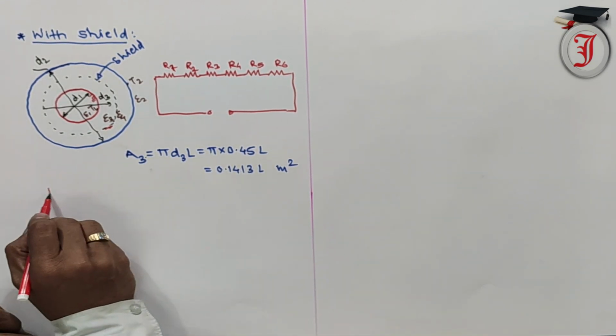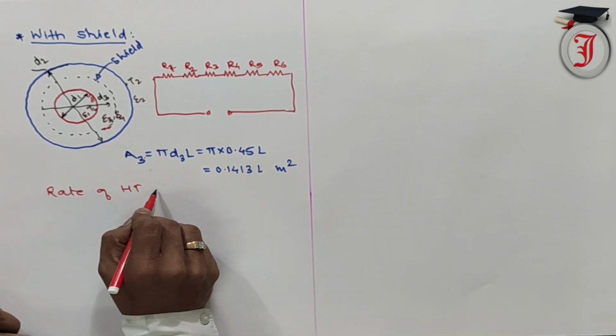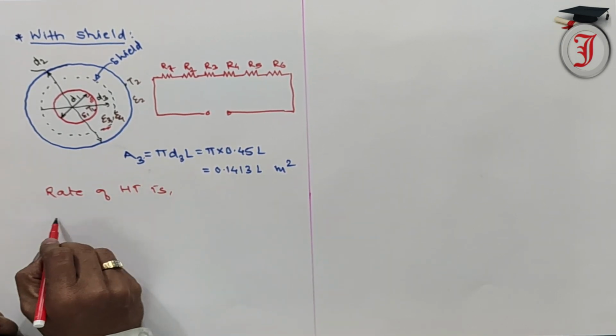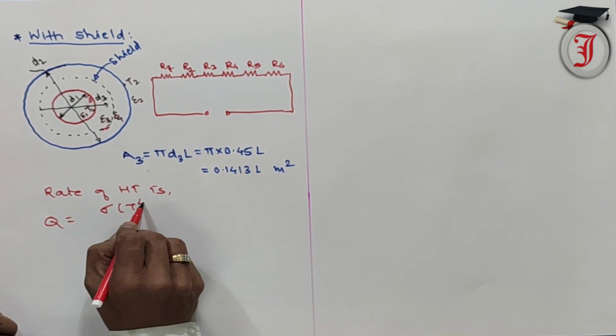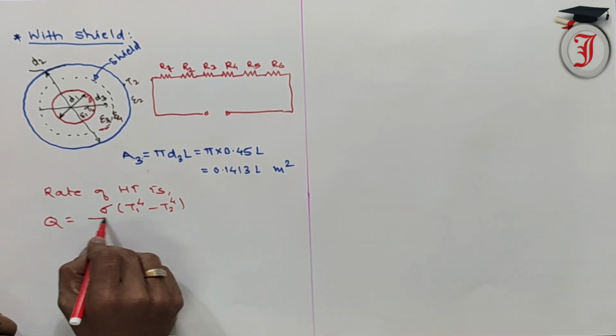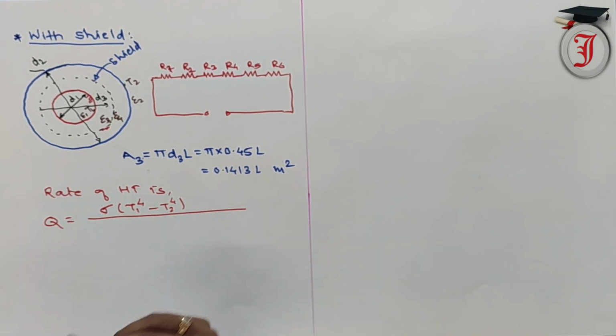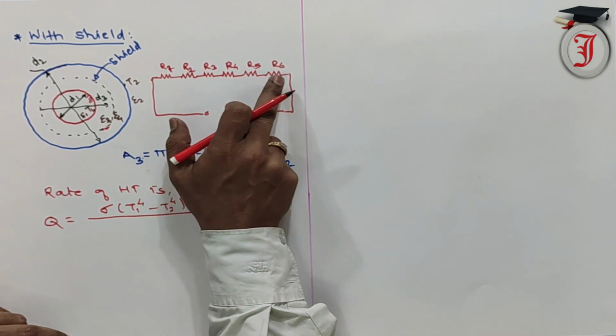Now let us calculate the rate of heat transfer. Therefore, Q is equal to sigma (T1 raised to 4 minus T2 raised to 4) upon the sum of resistances, R1 plus R2 plus R3 plus R4 plus R5 plus R6.